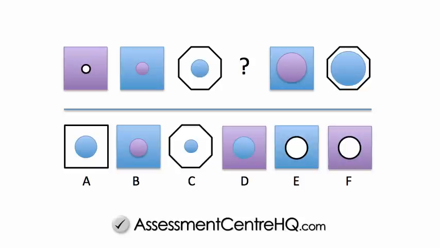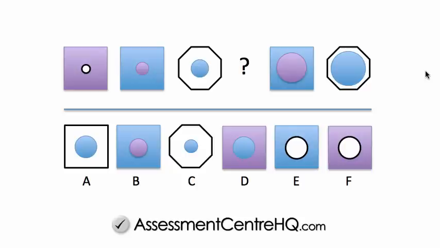First of all, if we look at that top row, we have an inner shape, which is a circle, and we can see that it's increasing in size as we go from left to right. To begin with, the circle is quite small, and it grows larger as we move along. So that's one variable: the inner shape, which in this example is increasing in size.